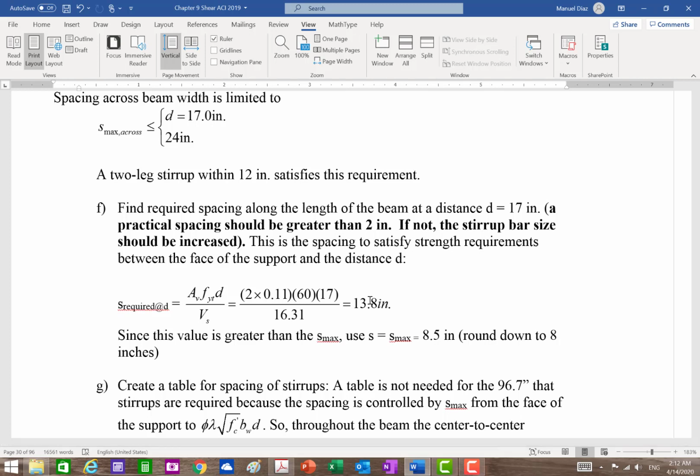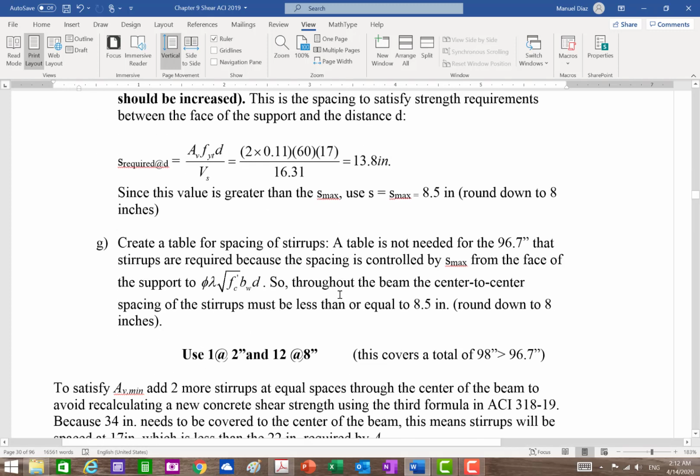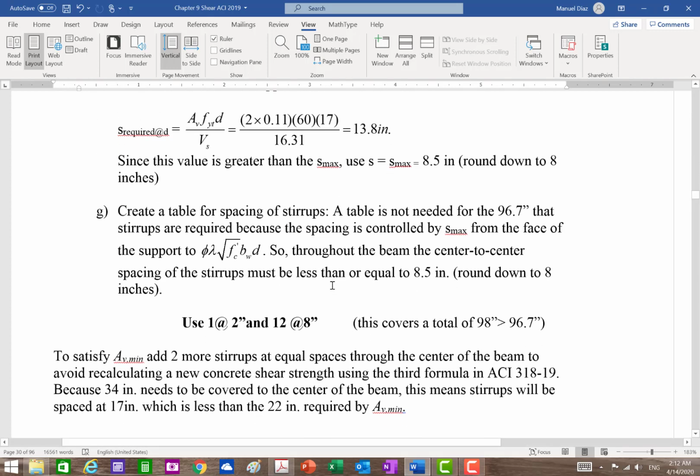I can use anything less, but I cannot exceed that 8 inches. Okay? So that means that we are going to put 1 at 2 inches and 12 at 8 inches. And that covers 98 inches, which is bigger than my 97 that I needed to cover. Remember my length of stirrups. That's my design, okay? So now I have covered that.